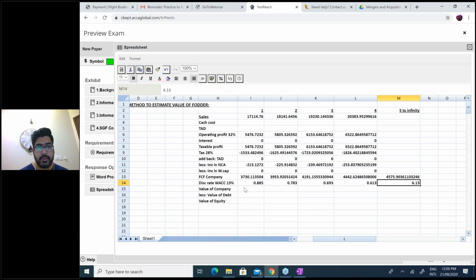Now you need to multiply this FCF by the discount factor to get the value of the company. So you can just take this I13, multiply by discount factor I14. You get the present value and you can drag it on.